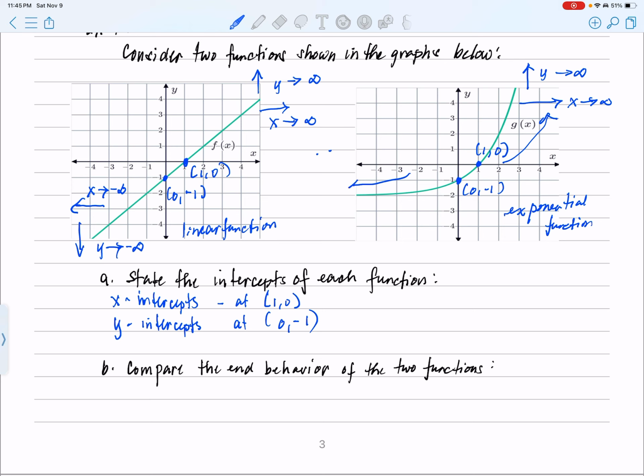That means as we move towards the left, x approaches negative infinity, and y, what does y approach? Sorry, it's not negative infinity, but we could use the asymptote. So y approaches negative 2.